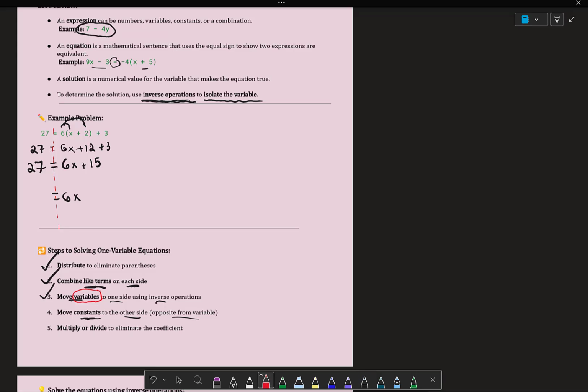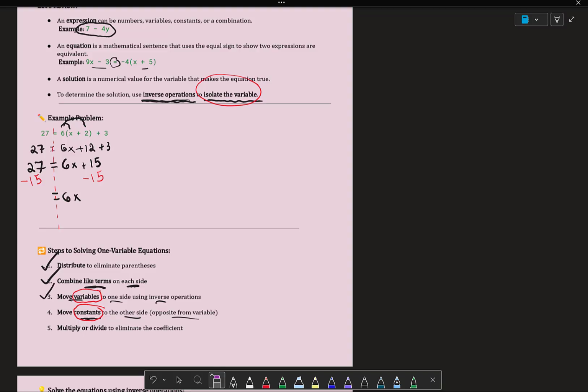What needs to move is the constant that's on the same side with the 6x. Remember, our goal is to isolate the variable. That means get the variable by itself. So to do that in this problem, we're going to do the inverse operation of plus 15 and subtract 15 from both sides. 15 minus 15 is just 0.